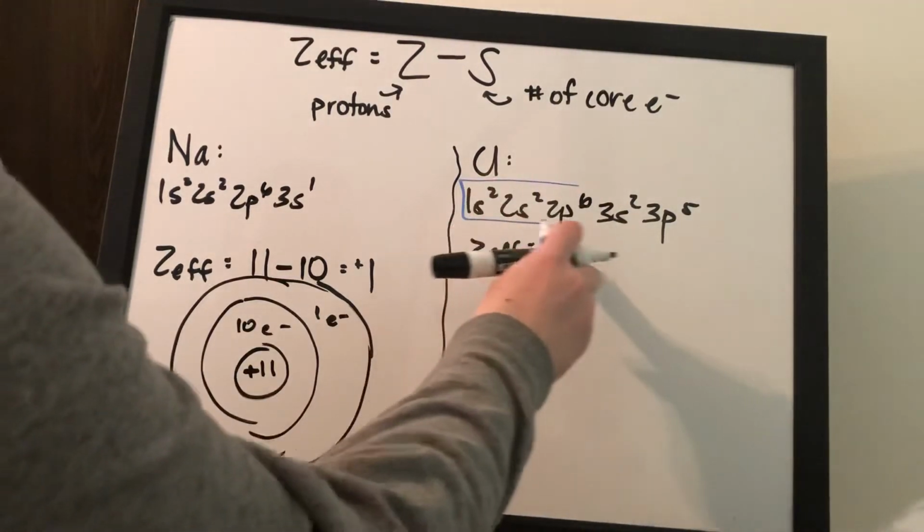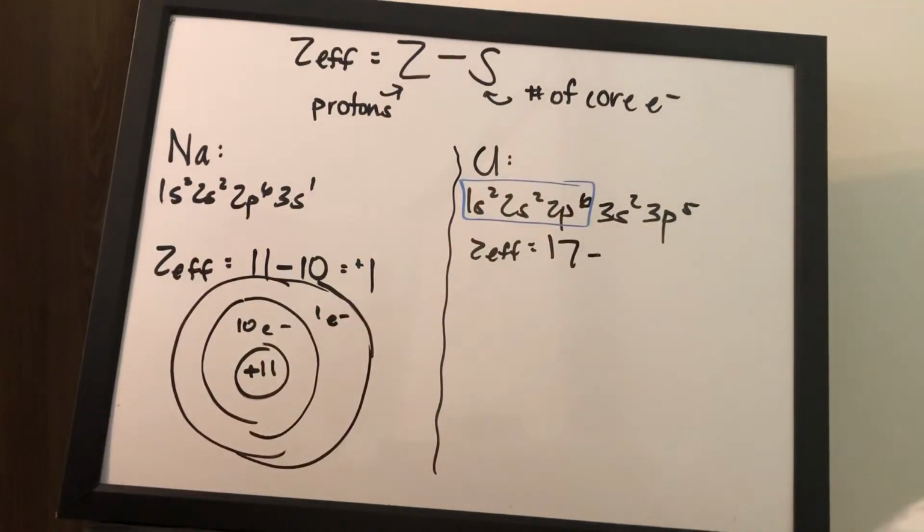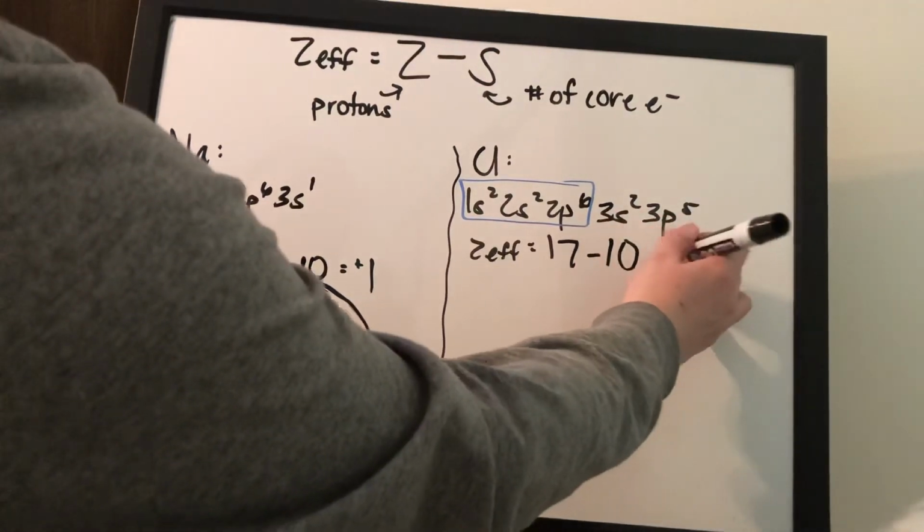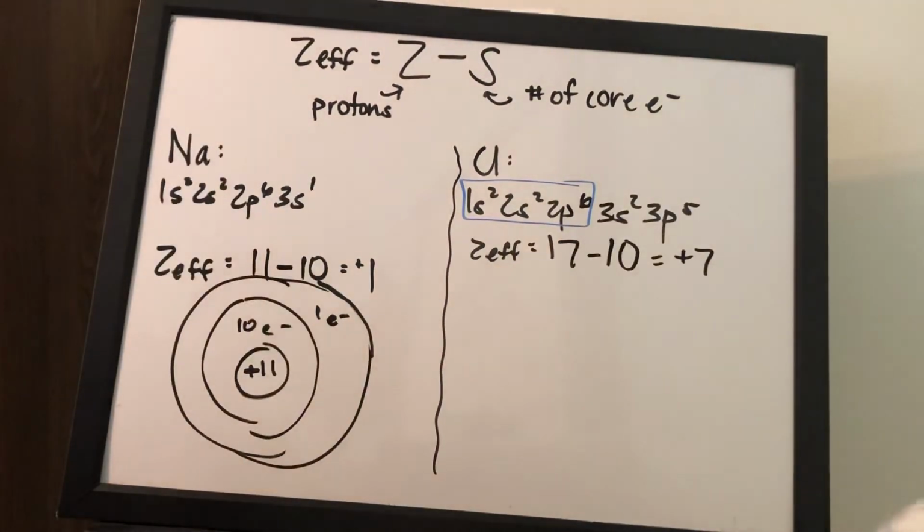So here are your cores for chlorine, and then here are your valence. Remember, what's not valence is core. So if chlorine has 7 valence, it has 10 core. So 17 minus 10 gives me a Zeff of positive 7 in this case.